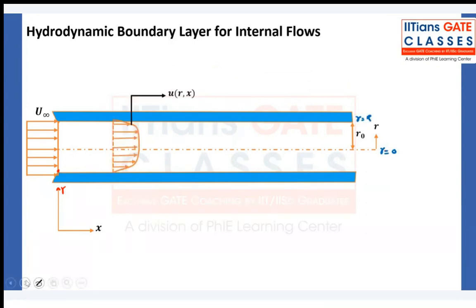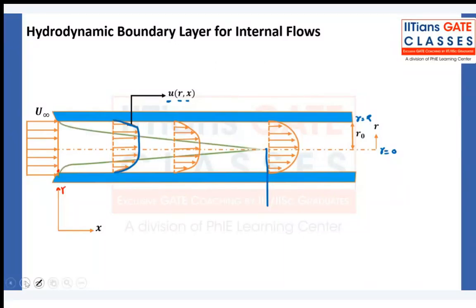So this is your first profile. As soon as it is entering, it is like this. First of all, it is increasing linearly, and then this is the gradient. So here u is a function of r and x. If you go further ahead, the profile will become slightly more parabolic. It is going towards parabolic. Okay, you go further, then it is completely parabolic.